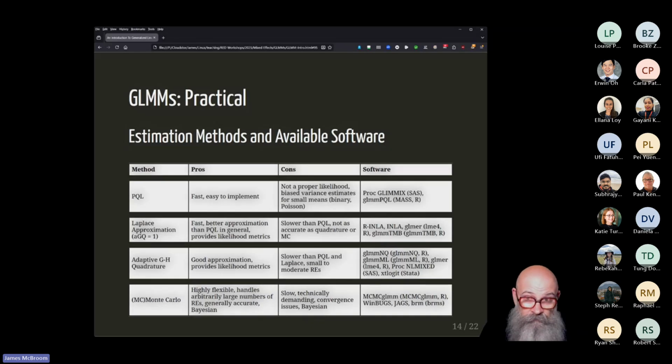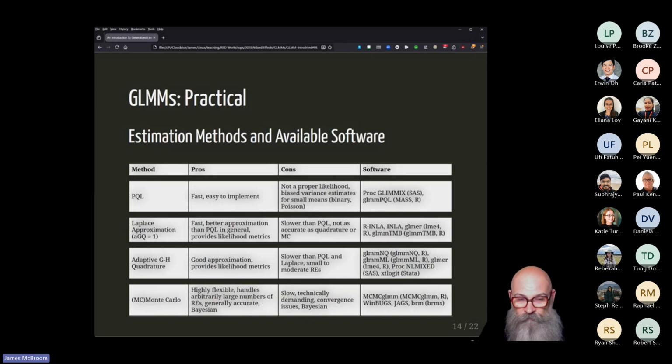And we did that in R-INLA. So INLA is an extremely flexible and interesting package that would help you do spatial, temporal and spatiotemporal modeling as well, which is really useful. There's the GLMER function in the LME4 package, GLMM TMB function in the package of the same name in R.